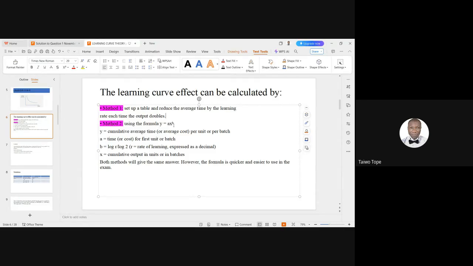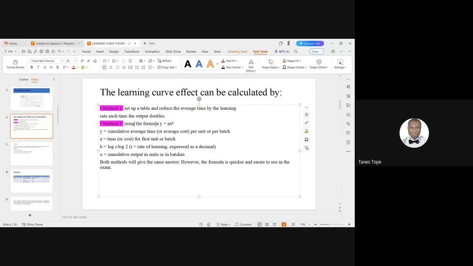In that case, the formula approach serves better. In most instances, when you use the table and the formula approach, you arrive at the same answer where you have the doubling effect. But in certain instances the table approach will not work, so you need to use the formula approach.